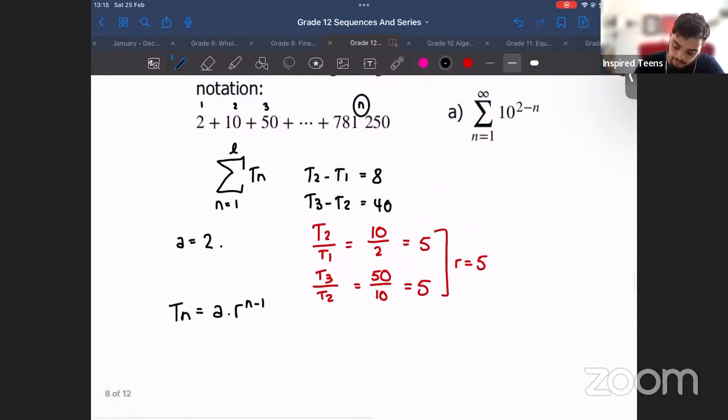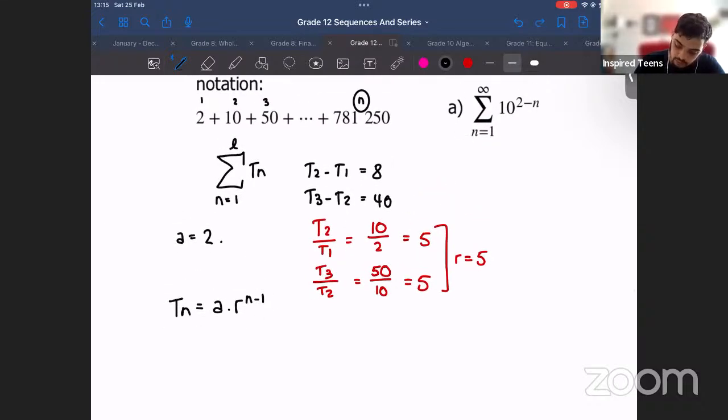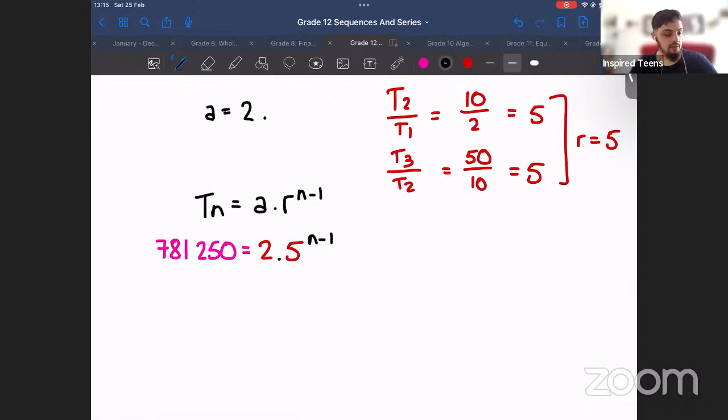We know the value of Tn because it's the value of the last term, 781,250, which is equal to A, which is 2, times R. R is 5, we just calculated it. That's exactly why we needed to calculate R, because we need to utilize this formula to solve for N. So we have 2 times 5 to the N minus 1.